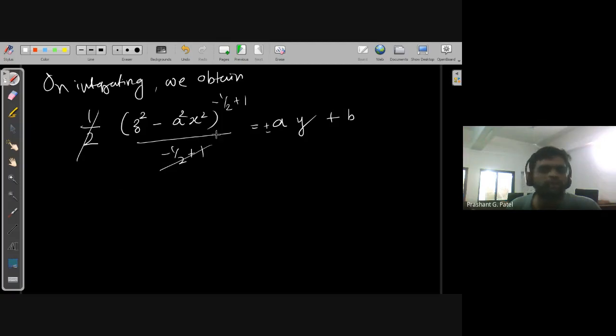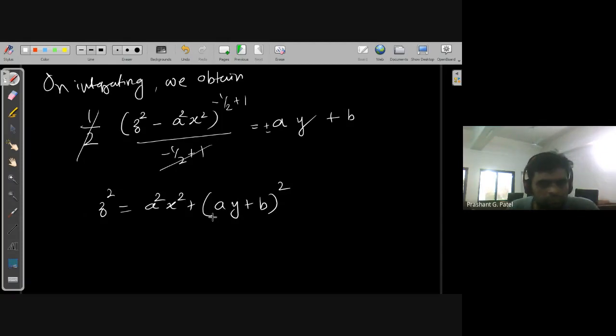So if I take the square both side now, will give me z square equal to a square x square plus ay plus b whole square. Now what is given is, this is our complete integral.